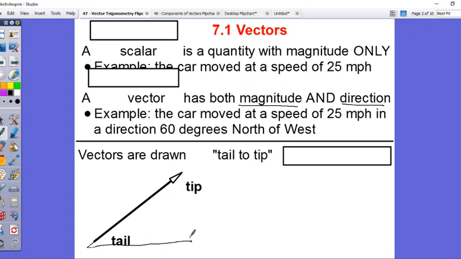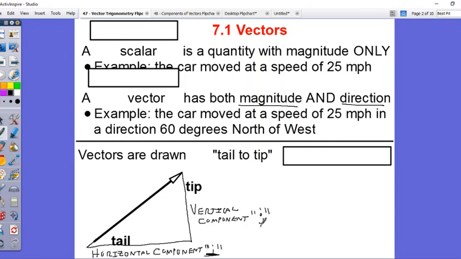They have a horizontal component, which is I, and then you have a vertical component, which is J. This is just math terminology that they use.